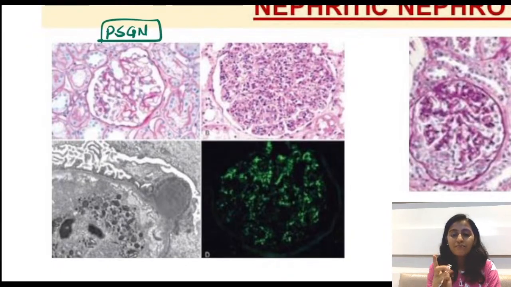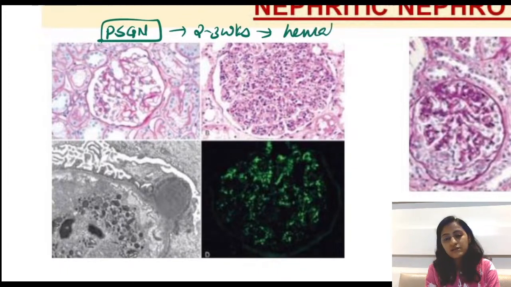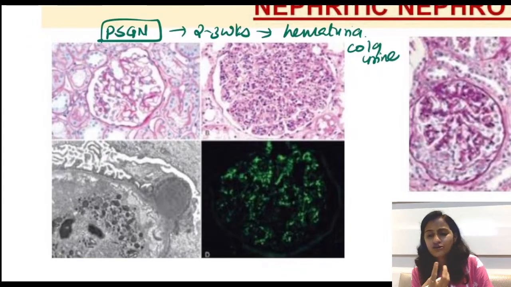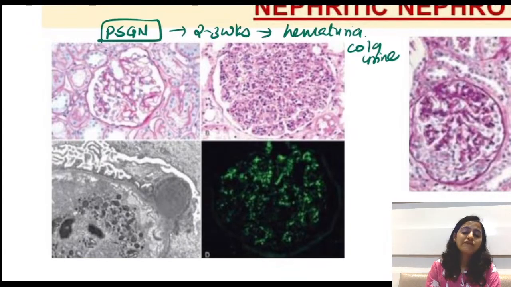The thing to remember in post-streptococcal glomerulonephritis is that there will be a history of streptococcal disease preceding, and around 2 to 3 weeks later the patient will have cola colored urine. That is what the history will mention. It could be pyoderma or a throat infection, and then after 2 to 3 weeks the patient has hematuria.